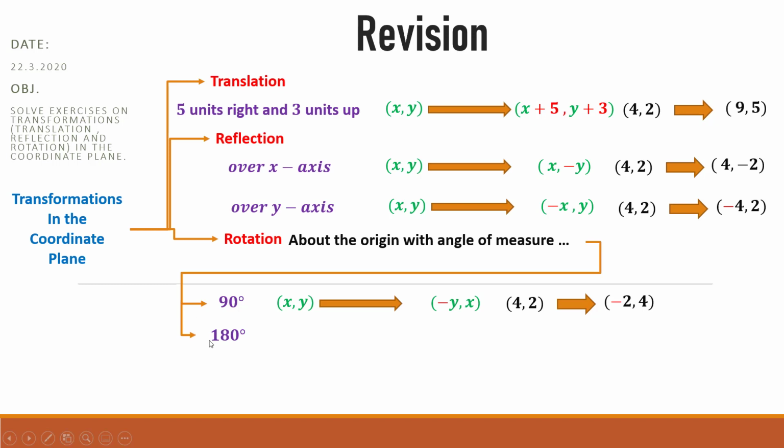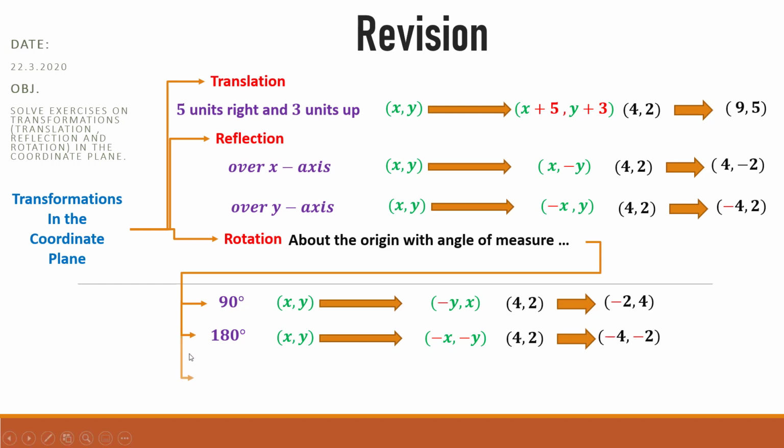About the rotation about the origin with angle of measure 180 degrees, for any point x and y, don't change places, just opposite the two signs. For any point 4 and 2, it will be -4 and -2.